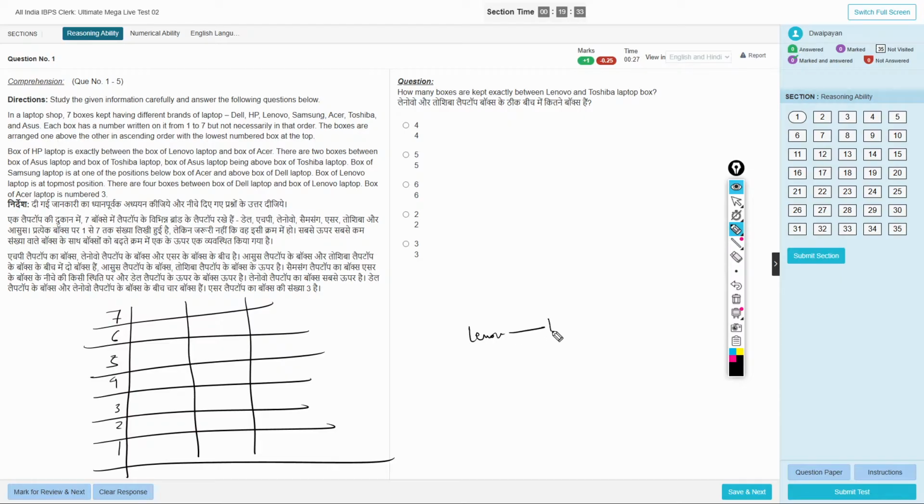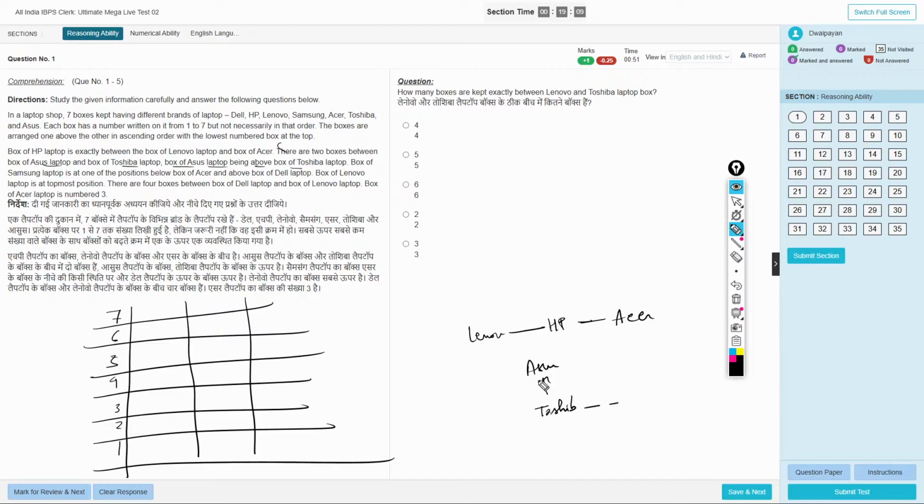So Lenovo, HP, and Acer. There are two boxes between Asus and Toshiba, Asus being above Toshiba. So Asus above Toshiba and two boxes between.